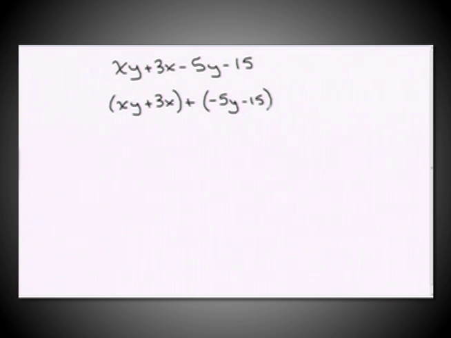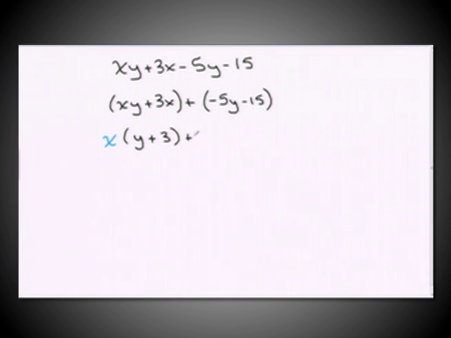The second step in this method is to factor the GCF out of each group. So if I come back to the first group, I notice that they both have the factor of x. So that becomes my GCF for that particular group. And when I divide each term by the GCF of x, I'm left with y plus 3.